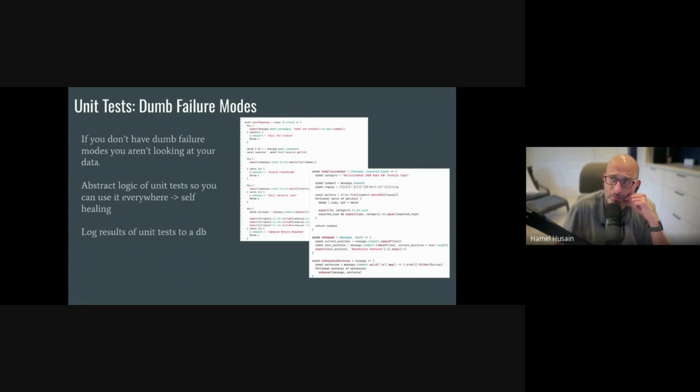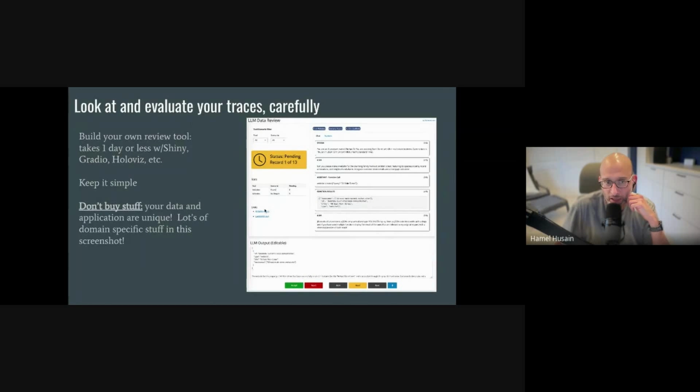We need to write them in a way that it's not just in the unit test. You need to write these assertions such that you can use them in unit tests, but also use them to filter data. If you know that an output is failing one of these assertions, you don't need to show it on this screen, for example.